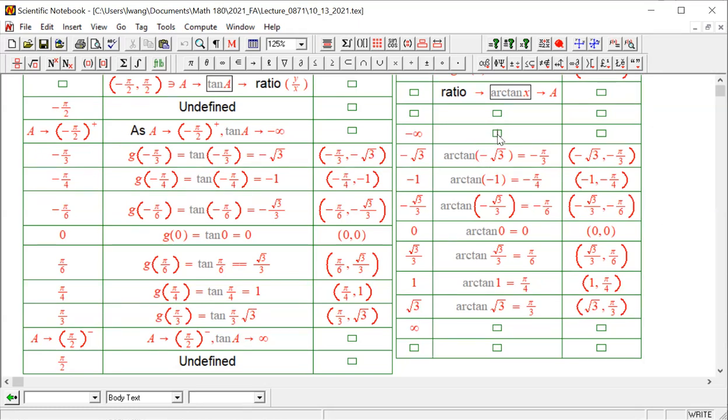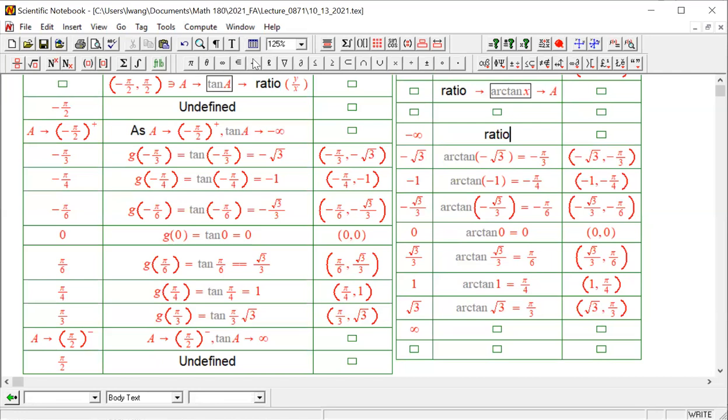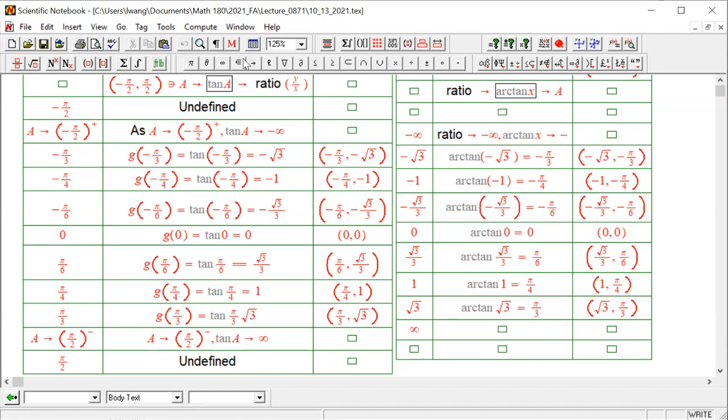But what if, because we swapped, what if the ratio approaches negative infinity? In that case, the arctangent of that ratio is going to approach negative infinity.